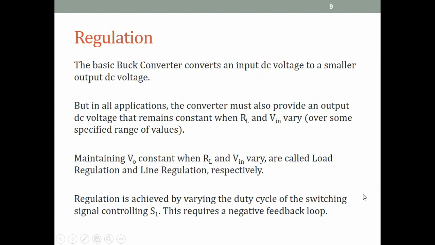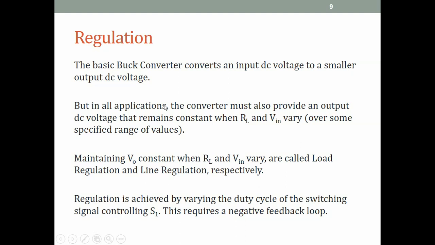Now, a buck converter needs to be designed so that when RL changes, VO does not change. We had discussed last lecture that various modules in the integrated circuit may turn on and off, which will cause the effective Thevenin's resistance to change.